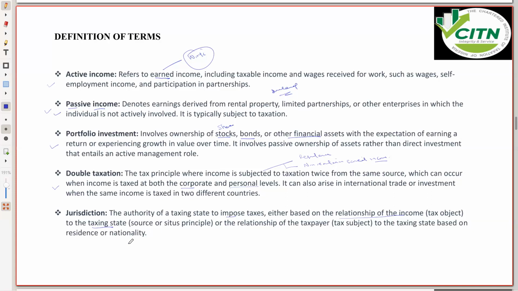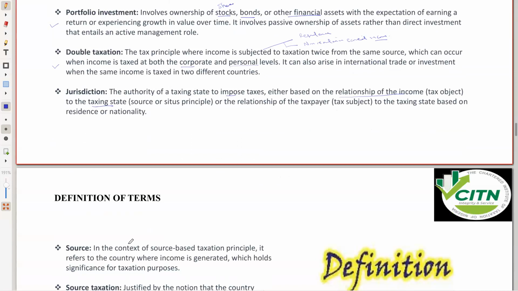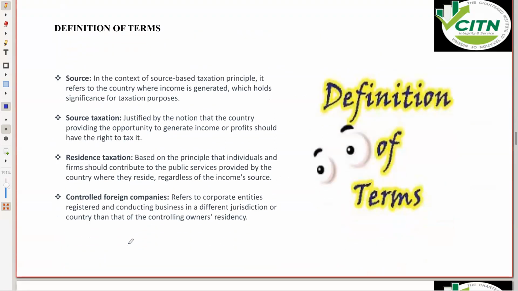So your taxation is linked to the source. It's generated from our country. So we have that jurisdiction to tax income that is earned from our country. It could be based on residence, because you stay in our country, so you need to pay tax based on what you earn out of our country, or the nature of the transaction, really.